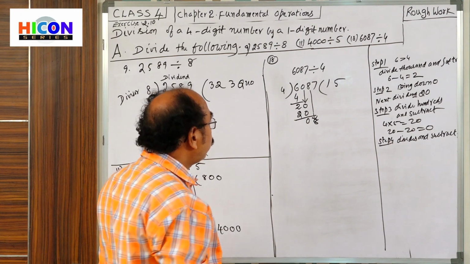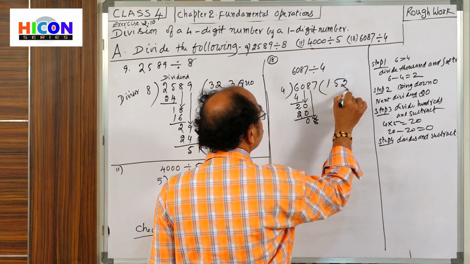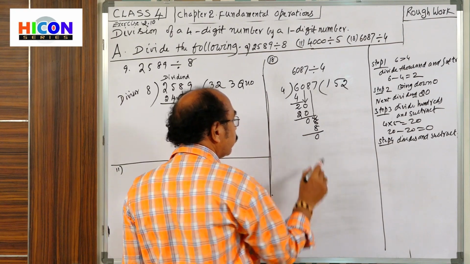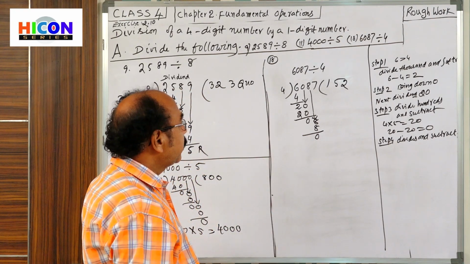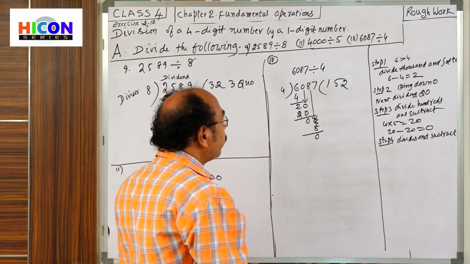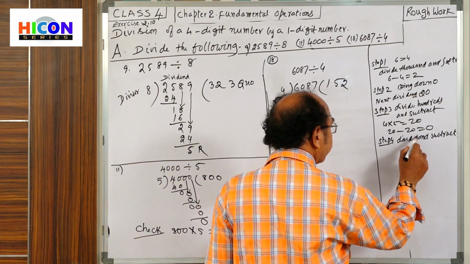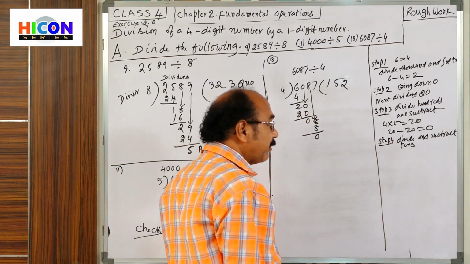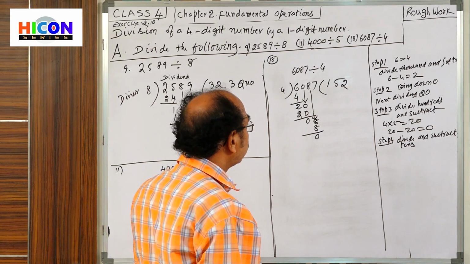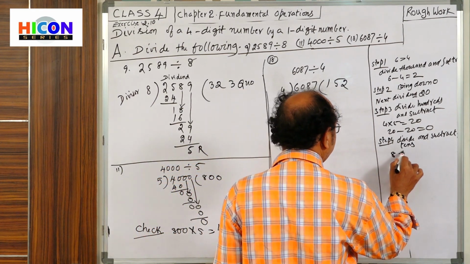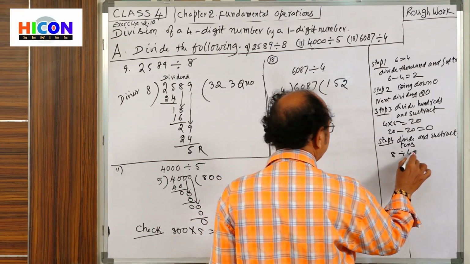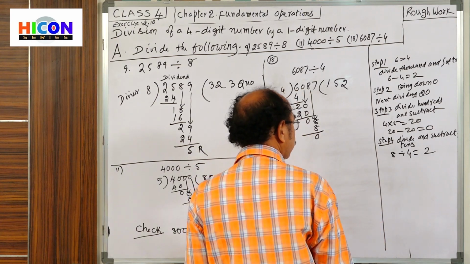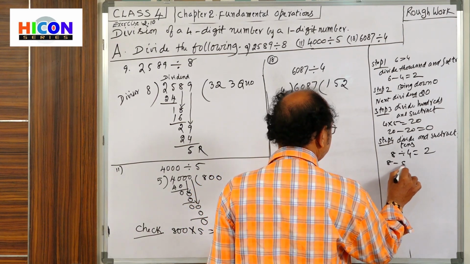Now 4 2s are 8. 8 minus 8 is 0. That means here 8 is divided by 4. How many times? 2 times. Okay. That's why 8 minus 8 is equal to 0.